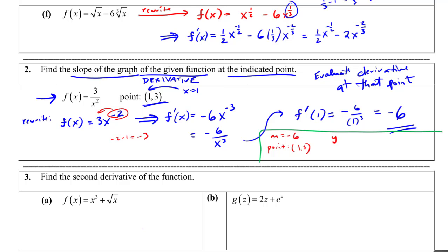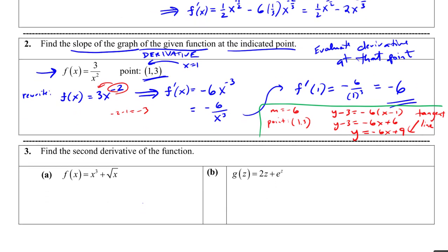So I could have y minus 3 equals negative 6 times x minus 1, or y minus 3 equals negative 6x plus 6, or y equals negative 6x, add 3 over, plus 9. Okay, there would be the tangent line. Wasn't asked for here, but that's something we also will do a lot of.